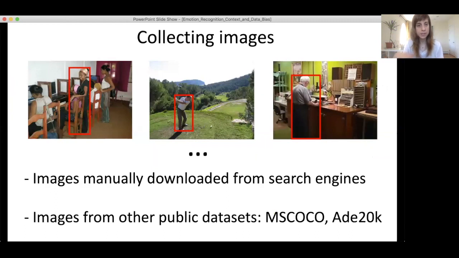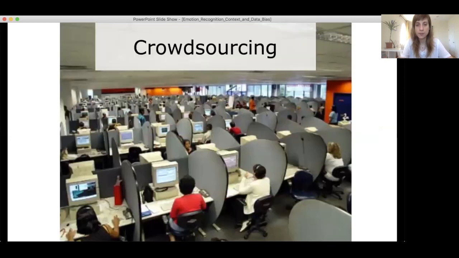So what we did is we collected a lot of images of people doing different things in different situations. Some of these images were manually downloaded from search engines. Some others came from public data sets like MS-COCO or Ade20K. And we used crowdsourcing for annotating these images.